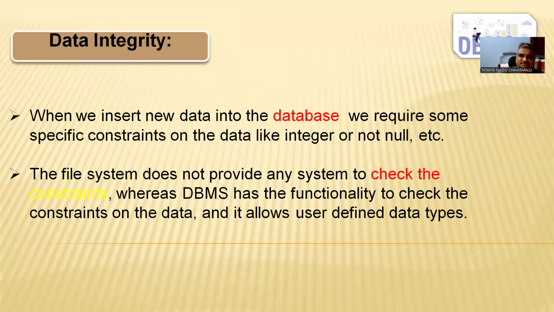When we insert new data into the database, we require some specific constraints on the data, like integer or not, etc. A file system does not provide any way to check the constraints. Whereas DBMS has functionality to check the constraints on the data, and it allows user-defined data types.